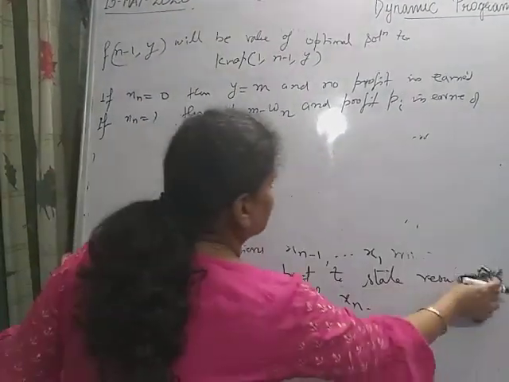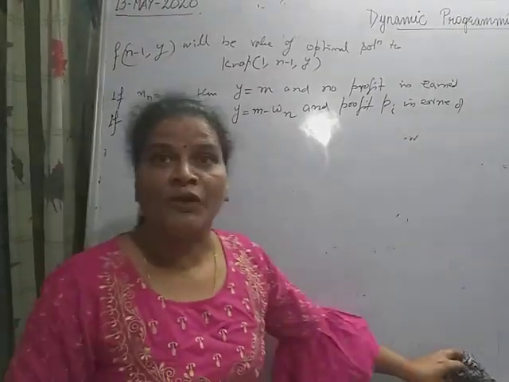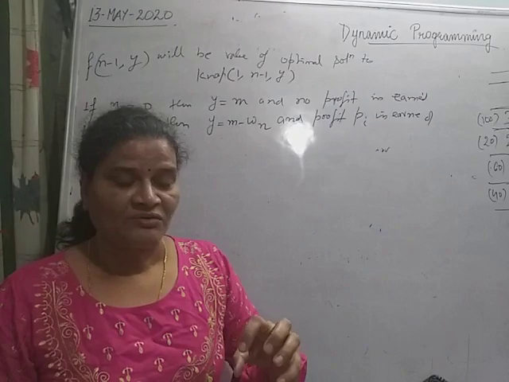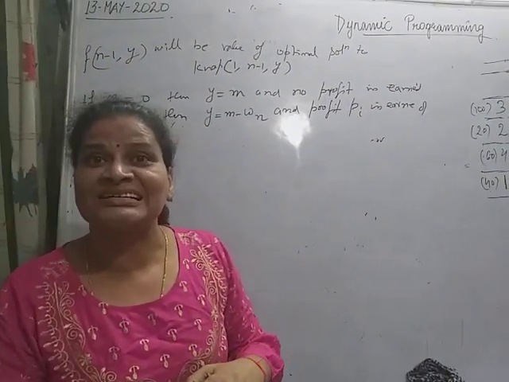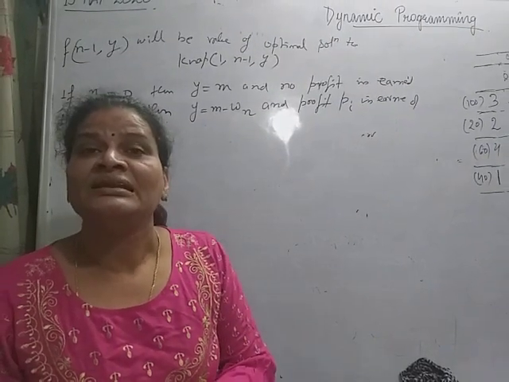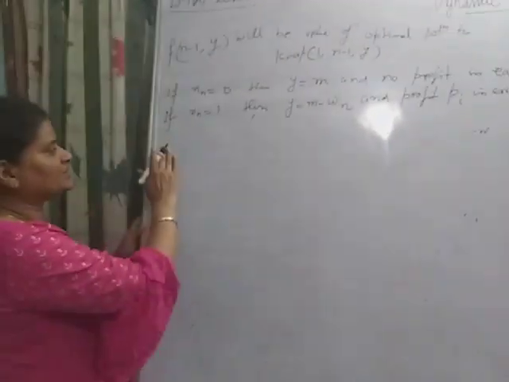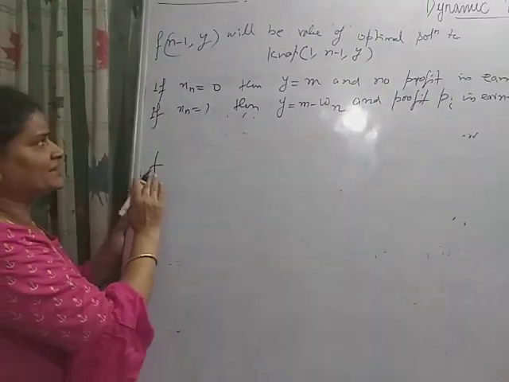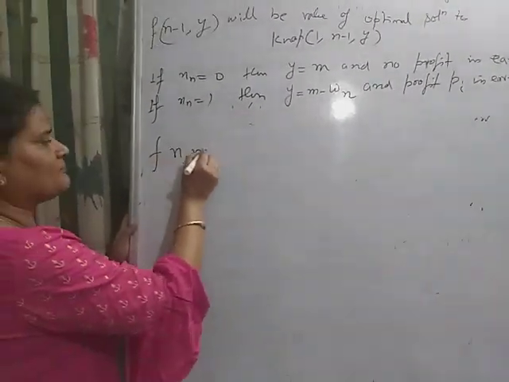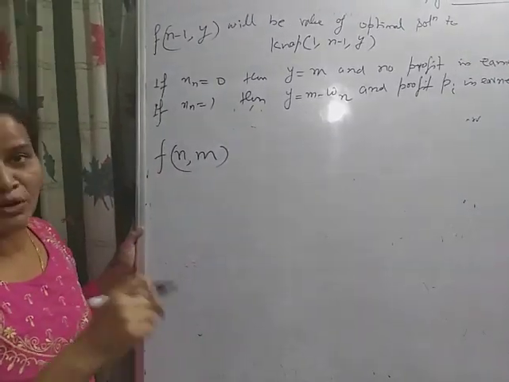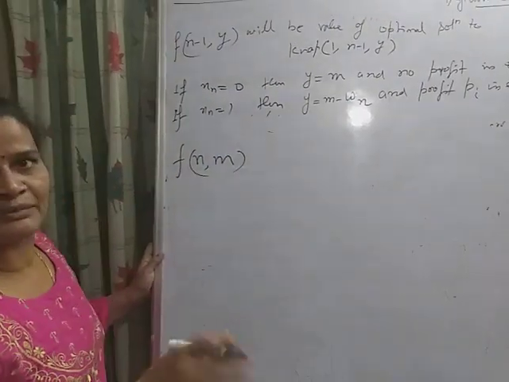Now, in dynamic programming, when the principle of optimality holds, it says that whatever the first state and decision are, the remaining decision sequence must constitute an optimal sequence. So here we write the recurrence relation. I am writing f n m, which is the value of the optimal solution in the 0-1 knapsack problem, where the objects are n and the capacity is m.